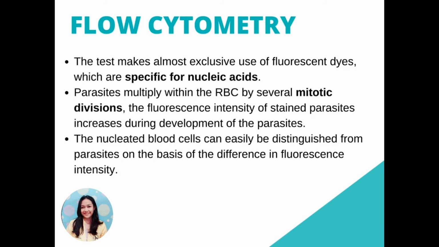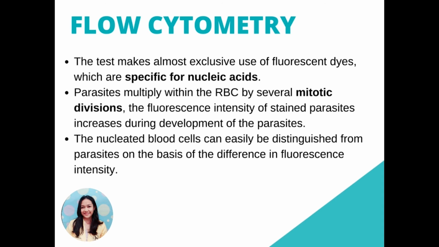The analysis and detection of malaria infection by flow cytometry makes almost exclusive use of fluorescent dyes which are specific for nucleic acids. DNA-specific dyes are especially used because the parasites multiply inside the RBC or the red blood cell population of the blood cells. Since the RBC does not contain DNA, the DNA-specific fluorescence from infected RBC can only be due to fluorescence of dyes bound to parasite DNA.